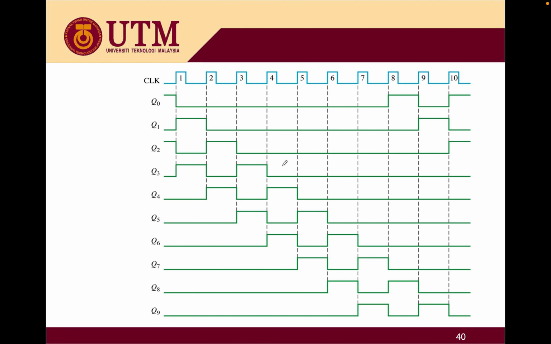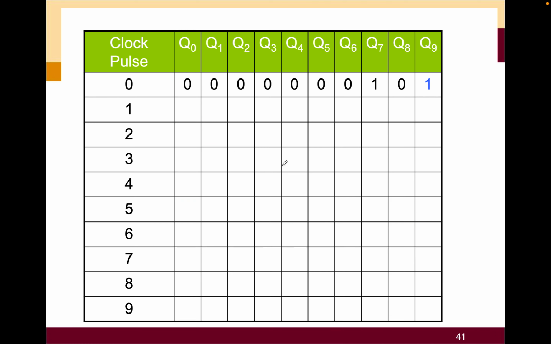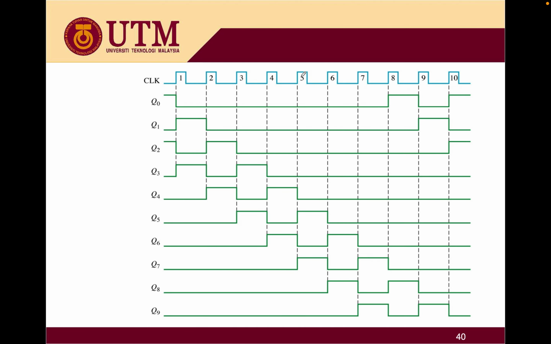Okay, later on you can see how it's going to fit in the table. You can see here this is your initial value. Supposedly you're going to have it like this, 1 0 1 0 0 0 0 for your first clock pulse. Q0 will be 0, Q1 will be 0, Q2 will be 0, Q3 will be 0, Q4 will be 0.